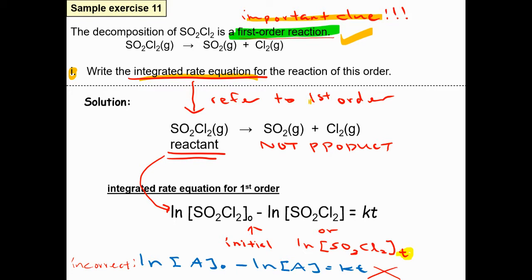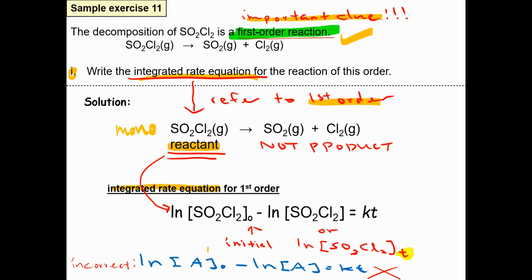So if this is first order, you have to write the integrated rate equation for first order. Some students will simply write any concentration. Remember, we always refer to the reactant, and the integrated rate equation only refers to a single reactant.